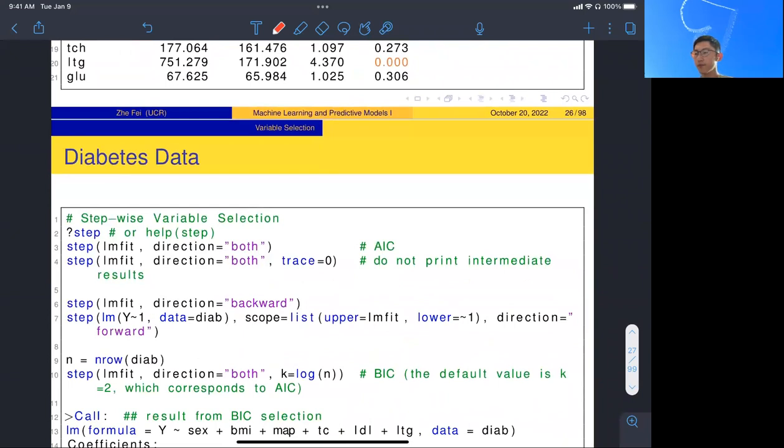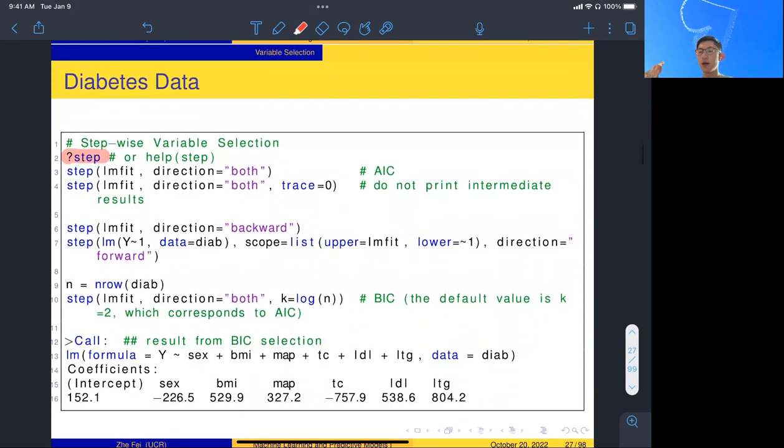So we want to try some of the selection methods we introduced, right? So this is when the step function comes into play, right? So you could use the help function or the question mark followed by your function to look at the helper document, right? Essentially regarding the step function. But so when we call the step function, we could specify the direction of our greedy search, right?